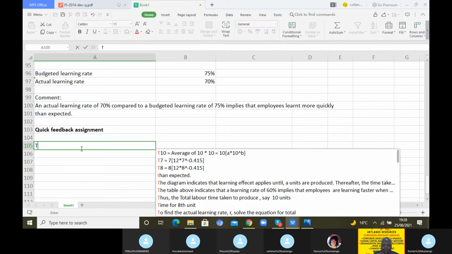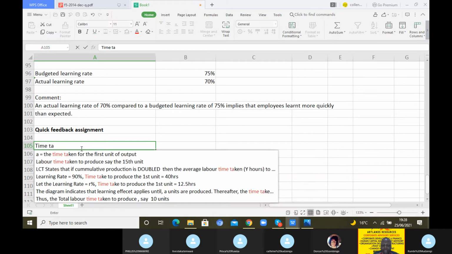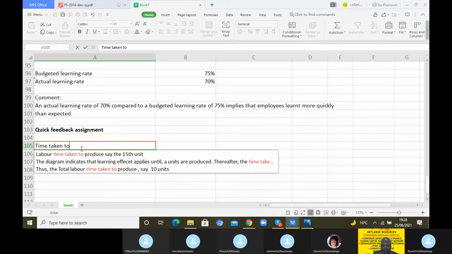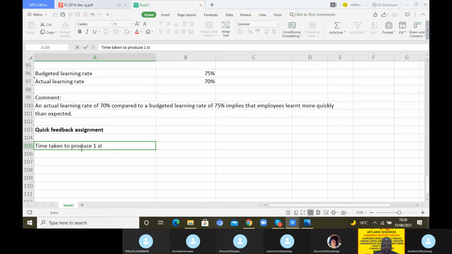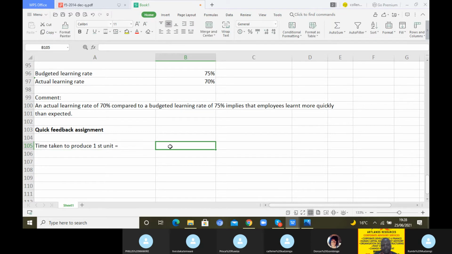So here's the time taken. Suppose it's a saloon. Time taken to produce the first unit equals 120 minutes.